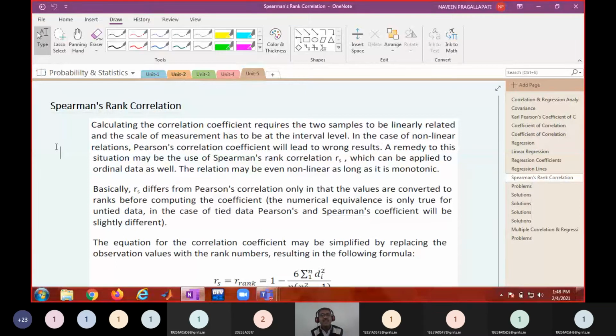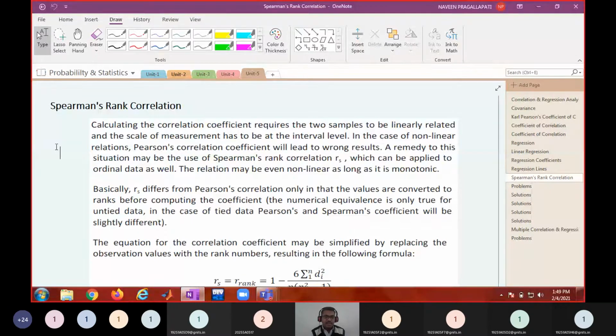If there are 3 or more, you can compute the correlation coefficient for each pair and see which one is close; otherwise we have a multiple correlation coefficient formula also. Initially we'll see Spearman's rank correlation only for 2-dimensional data, xi and yi.